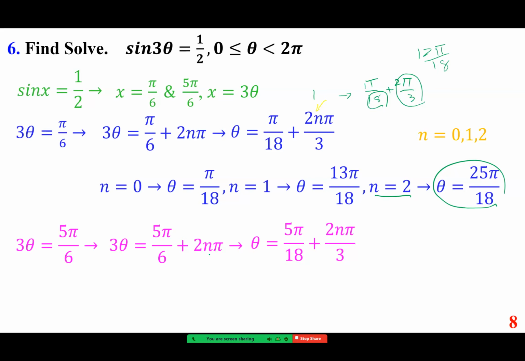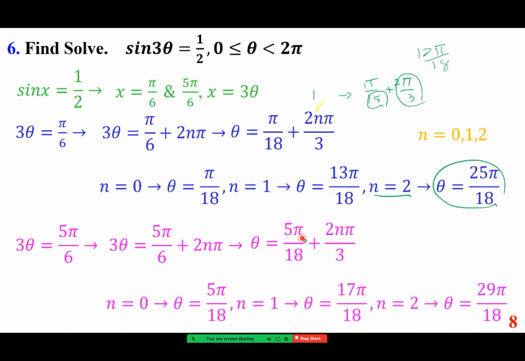We do the same thing here. Obviously, when n is 0, it's 5 pi over 18. But when it's 1, just like this one is 12 pi over 18, if I choose n equals 1, 12 pi over 18 and 5 pi, 17 pi over 18.